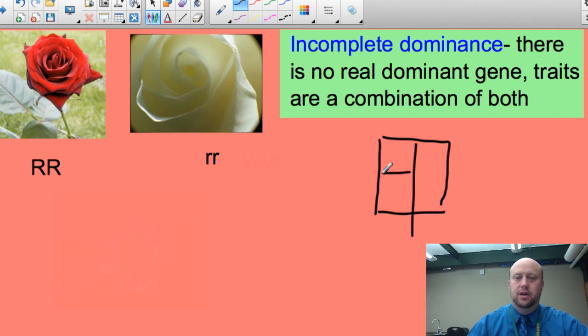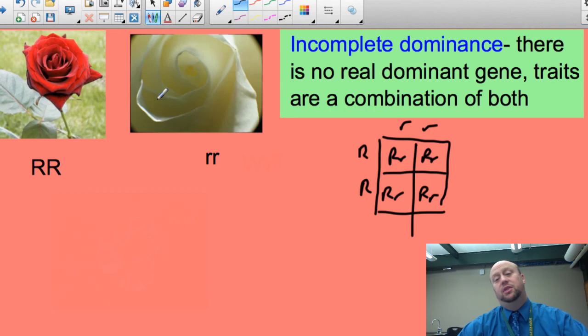Sorry, me and the tablet are having some problems here. And so we'd split up our genes here, so we've got little r and big R, and we cross those, and we would get hybrids. And in every case, according to classic Mendelian genetics, since we've got a big R in each case, we would get a red rose out. And then, of course, we could breed them again, and then we would get some white roses out.